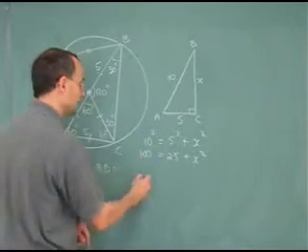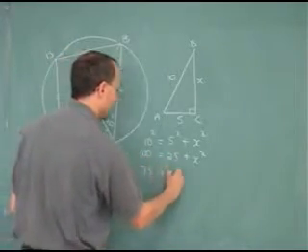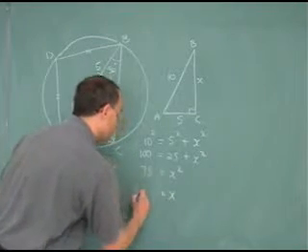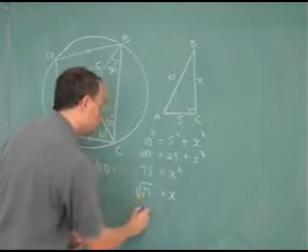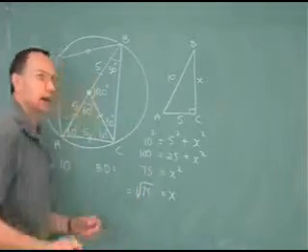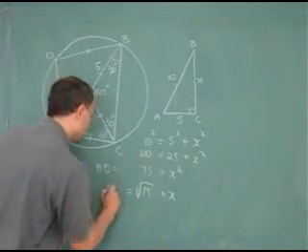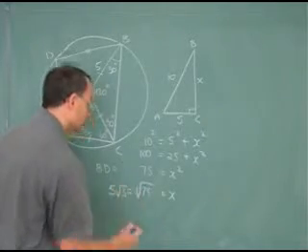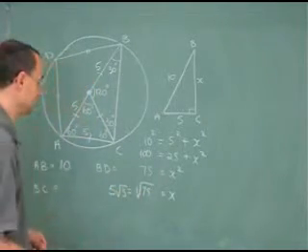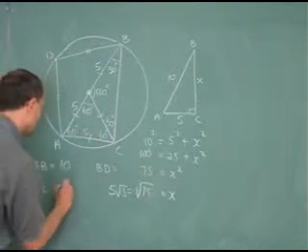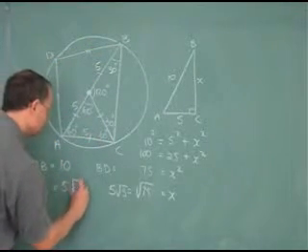We take the 25 away. x squared is 75, so x is the square root of 75, which you can break down a little bit if you think of it as root 25 times root 3. So we can write that as 5 root 3. Okay? So now we've got what we call x, or BC, is 5 root 3.